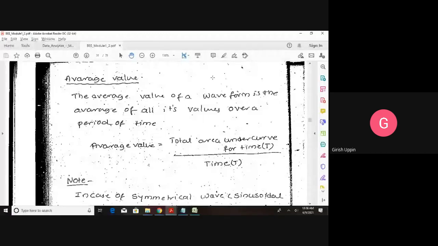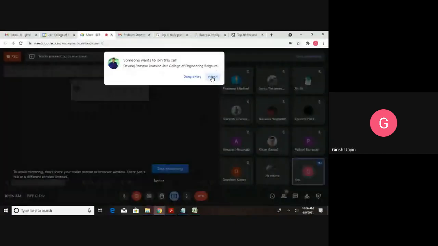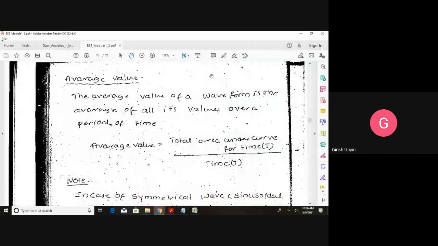Now, how to represent the alternating voltage? One way is to draw the waveform. When we are drawing the waveform, we should know the peak value of the alternating voltage or current, Vm or Im, and we should know the frequency or the time period.